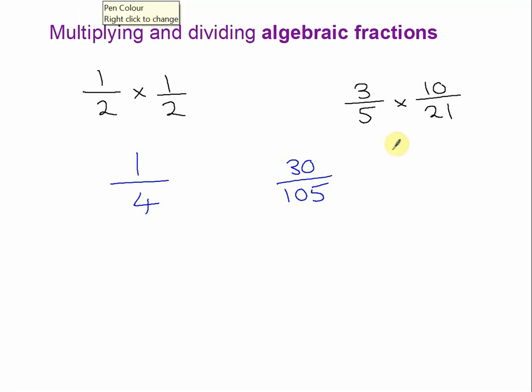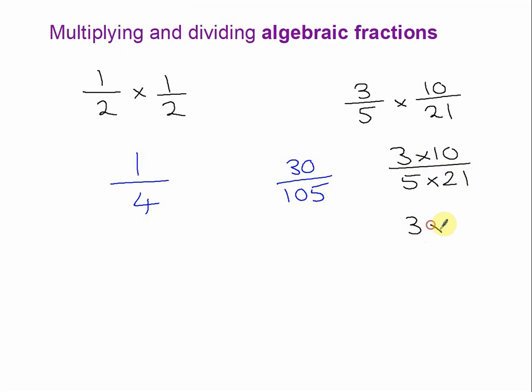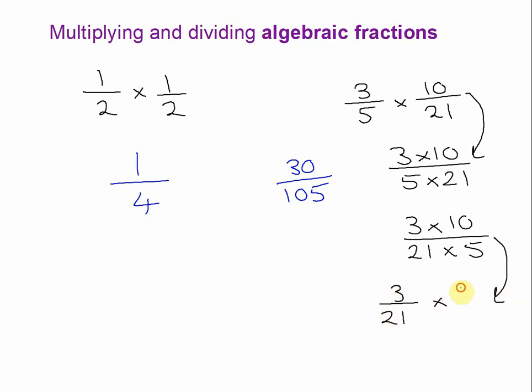Now, the wonderful thing about multiplication is you can do them in any order. For example, we know we're going to times the tops, and we know we're going to times the bottoms. Well, I could do it like this. Instead of doing 5 times 21 at the bottom, I could write 21 times 5. It's the same thing, isn't it? And if I then went back out, I would have 3 over 21 times 10 over 5.